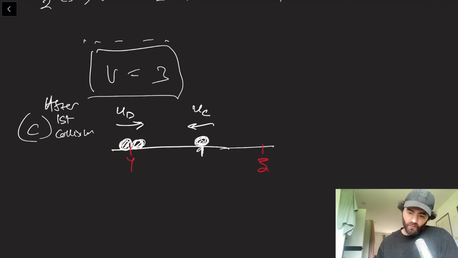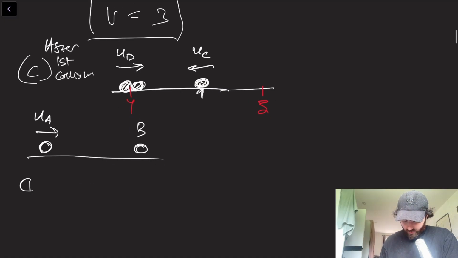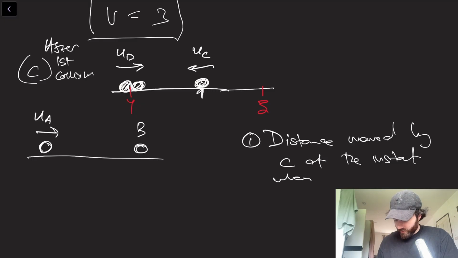We want to know how long it takes for A, moving at U of A, to hit B. So we're trying to find the distance moved by C at the instant when A and B collide.